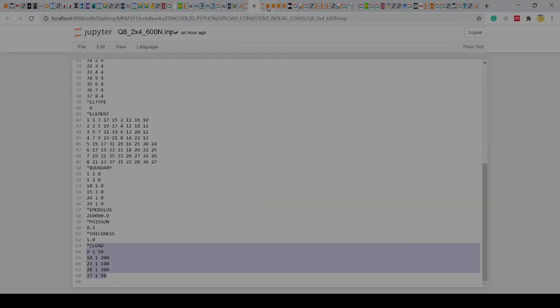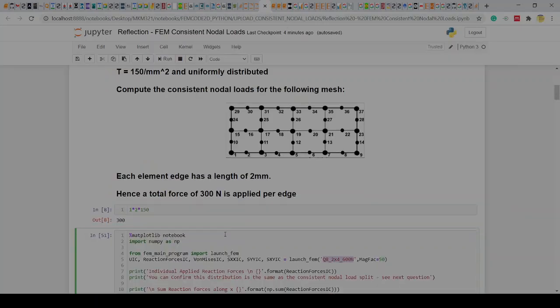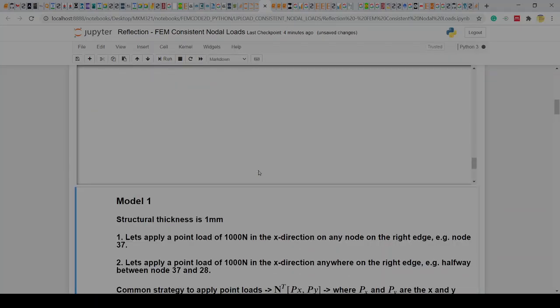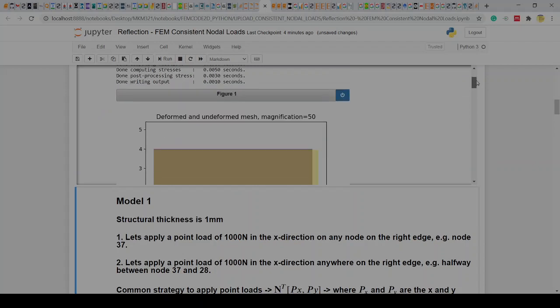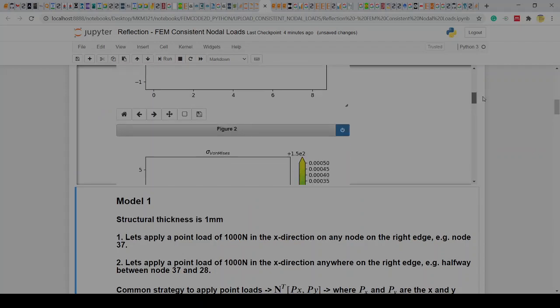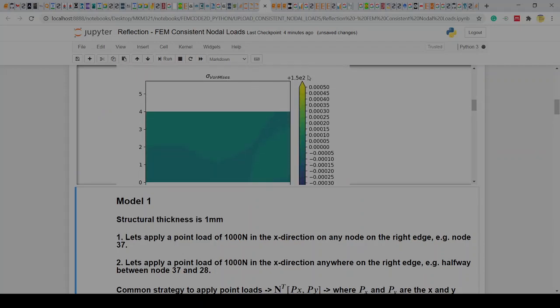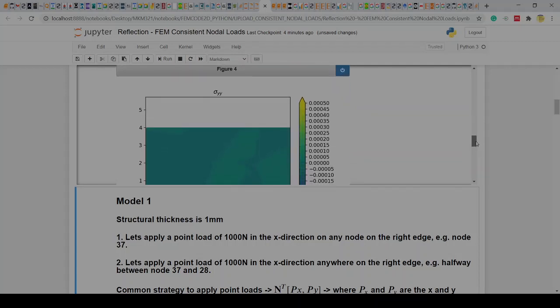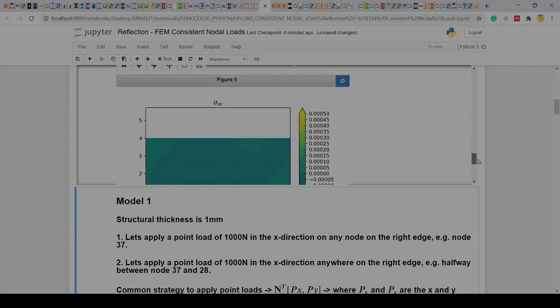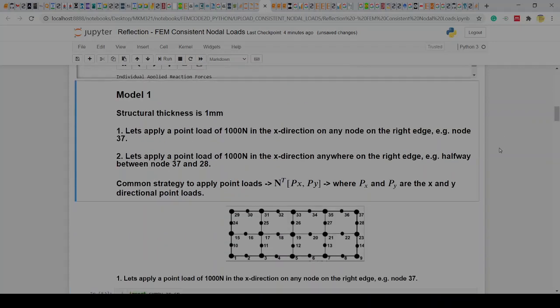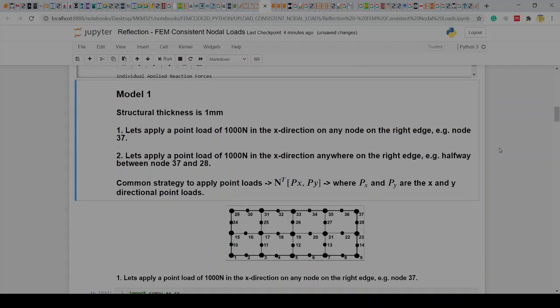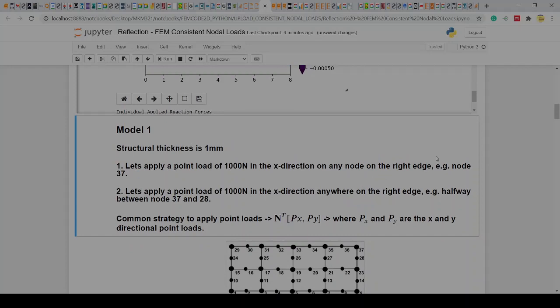Just to confirm, if you run this, everything is nice and as expected. There's a magnification factor, Mises 150 MPa, sigma x 150 MPa, 0 sigma y, 0 sigma xy. Bob's your uncle.